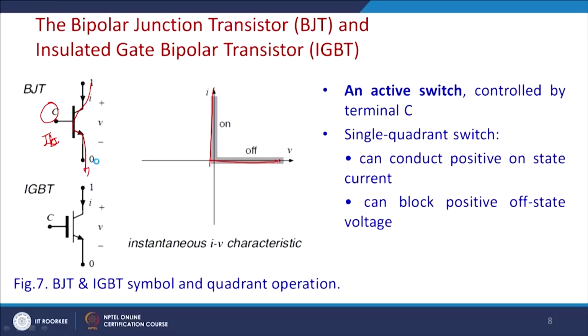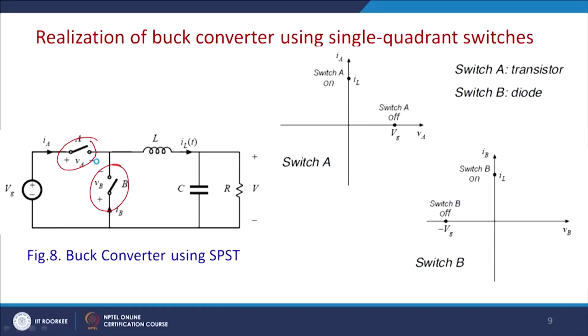One can be controllable, another can be uncontrollable. Generally we put a BJT or MOSFET; the MOSFET inherently comes with a body diode. We will discuss it a little bit later, but here we can put an IGBT based on the rating.